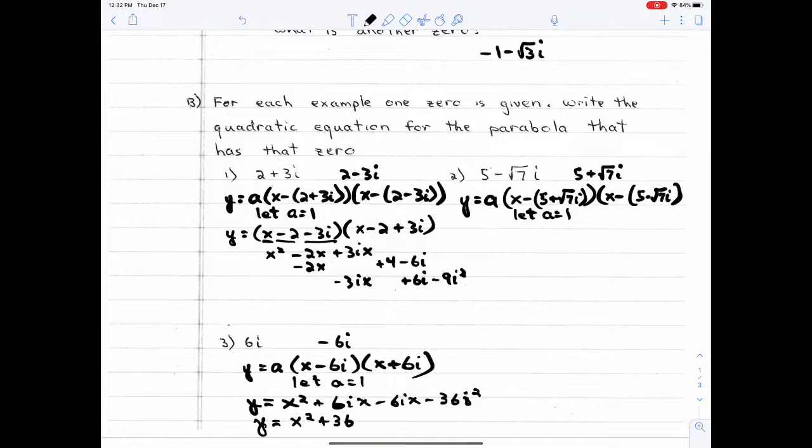Now, this is going to seem kind of weird, but I'm going to take this negative 9i squared and stick it over here. Why? Because negative 9i squared is just plus 9. Okay? So I'm going to take that and put it as minus 9i squared.